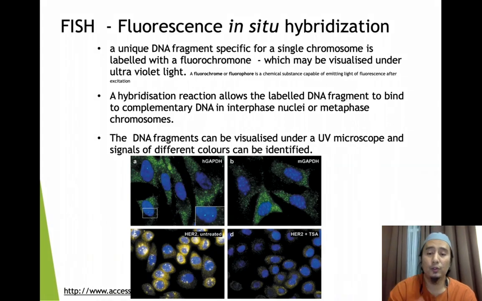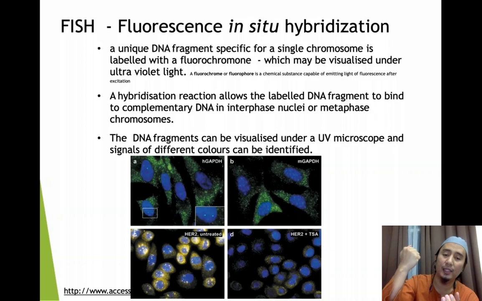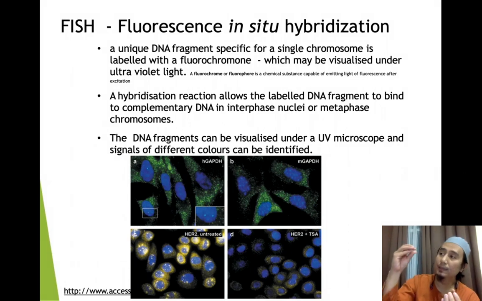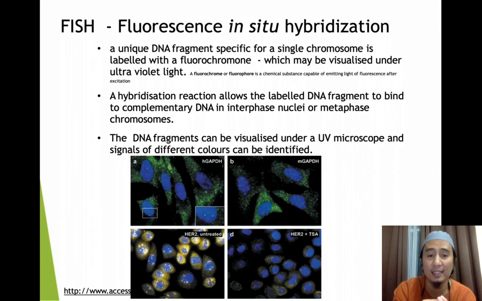So it's like this. You have a plate of cells, and you want to observe in situ reactions, so you put your oligonucleotide sequence or probe, labeled with fluorochromes or fluorescence. The specific probe will bind to specific sites in the DNA.